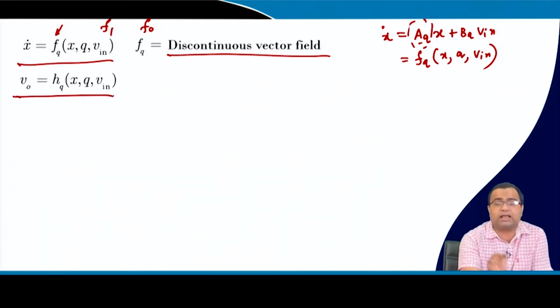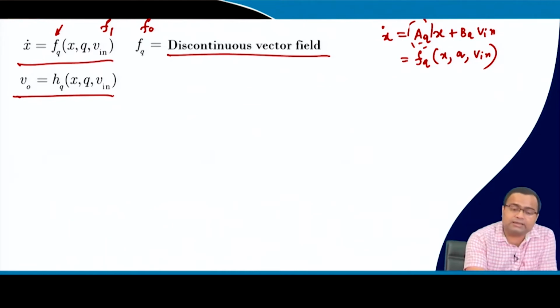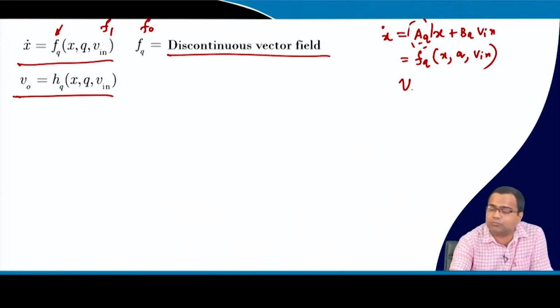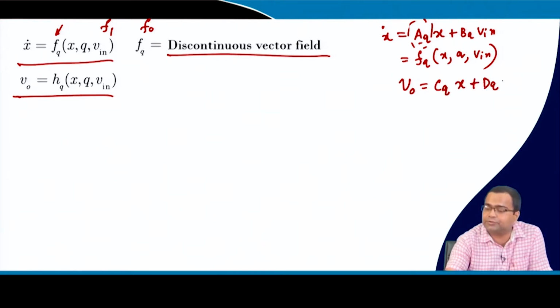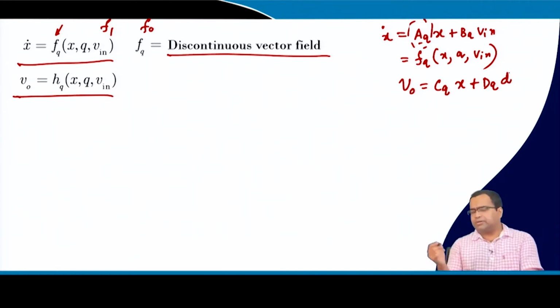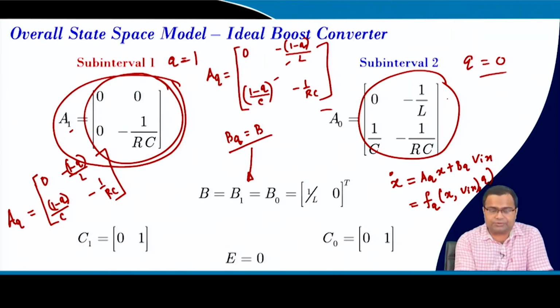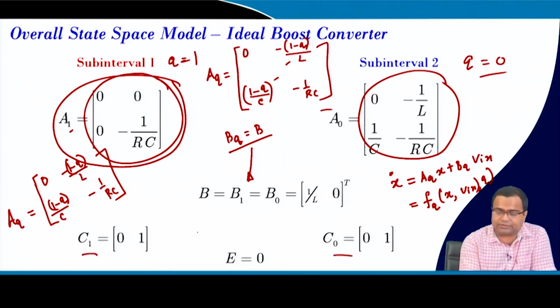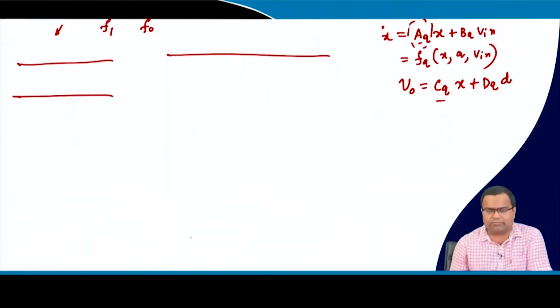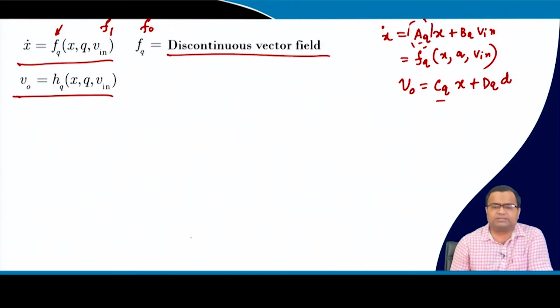Similarly, the output voltage can have a discontinuity. What is the output voltage expression? We wrote CQ into X plus DQ into V in. CQ is a discontinuous matrix, so C1 and C0 are different. For an ideal converter the output voltage is not discontinuous.